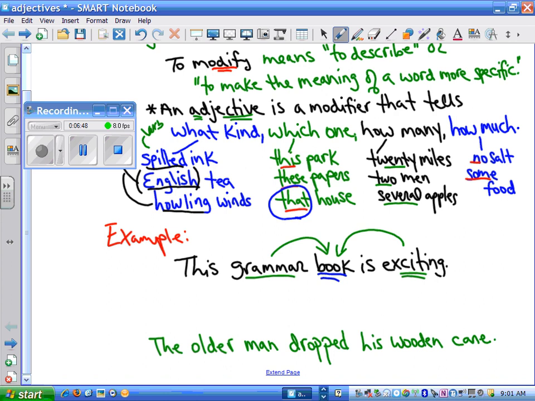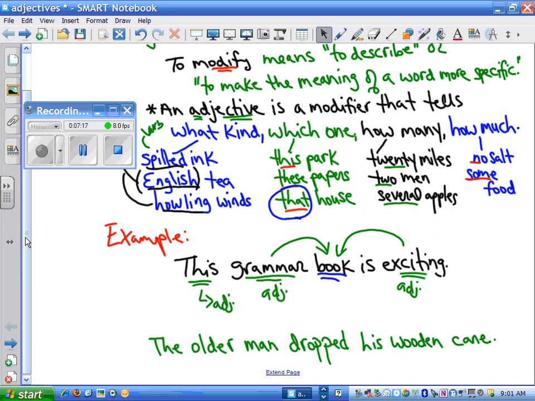Right? So 2 adjectives that help us to think about what kind. And then we have a 3rd adjective that tells us which one. Yes, it's the this. It's this grammar book that is exciting, not that other one over there, this one.